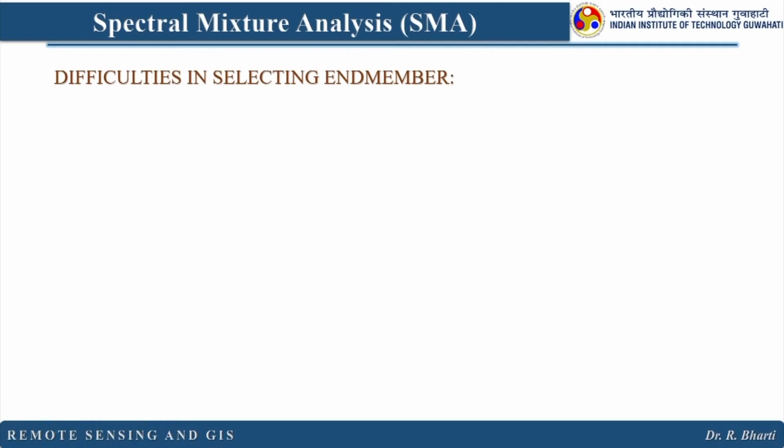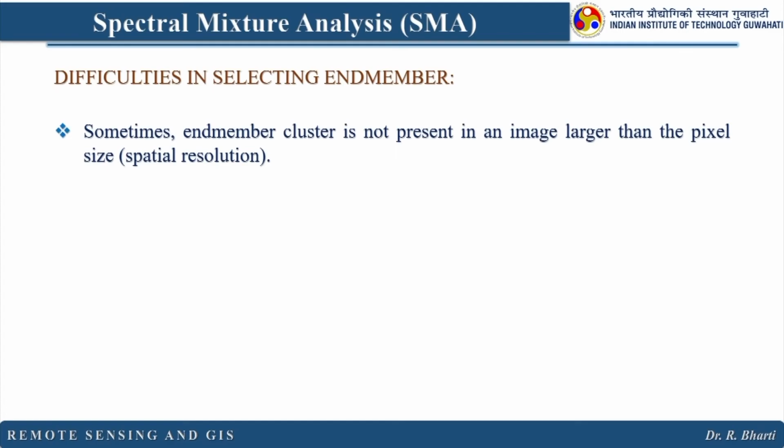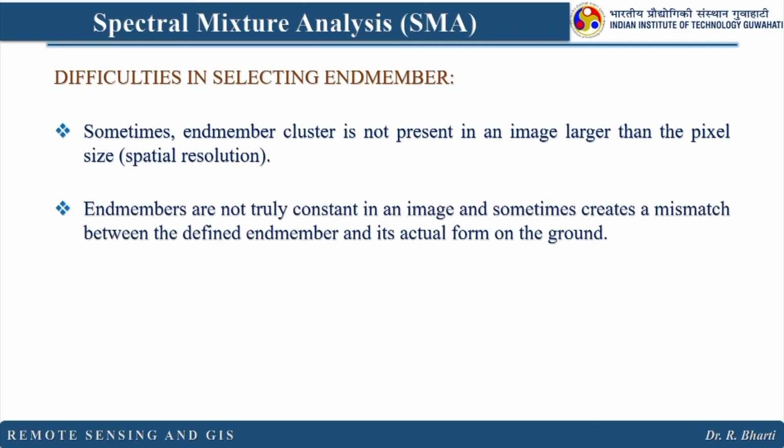Now what are the problems we face in selecting these end members? Sometimes an end member cluster is not present in an image larger than the pixel size, so the spatial resolution plays a significant role here. End members are not truly constant in an image and sometimes create a mismatch between the defined end member and its actual form on the ground. Non-linearity due to shadow or maybe because of their arrangements.